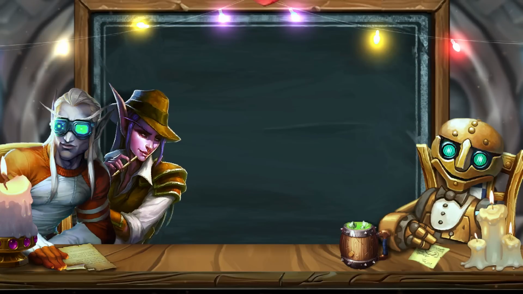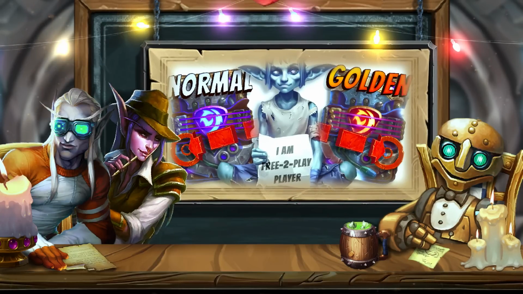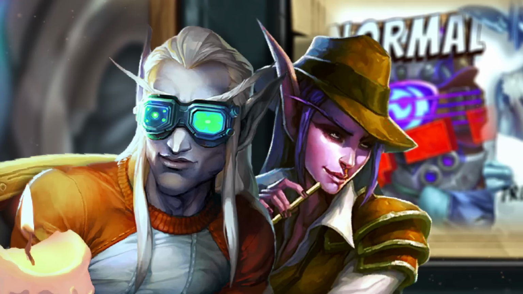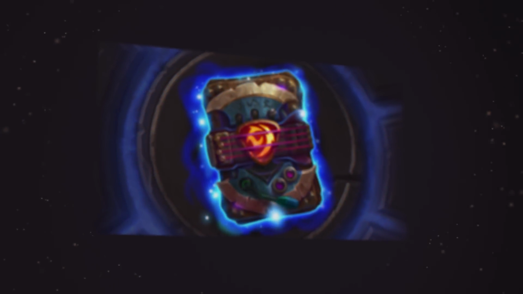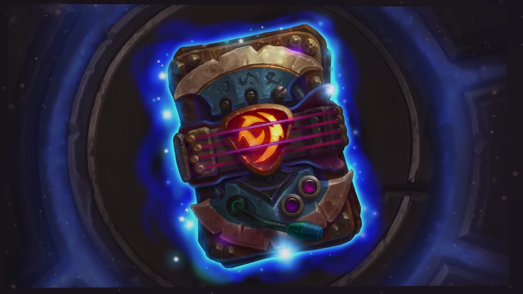But before you guys get started, I want to make an announcement. In the previous video we discussed signature packs. Unfortunately, we couldn't figure out Blizzard's logic. Golden packs from Festival of Legends are not signature, despite the fact that they contain signature cards and use a bronze color in the design. Blizzard, for reasons unknown to us, believes that these are ordinary golden packs, which means they do not contain a guaranteed signature card.